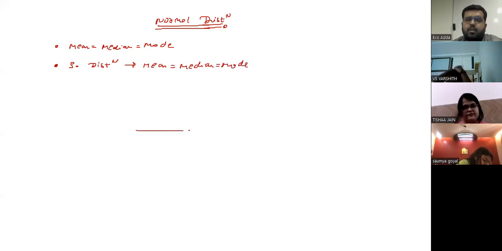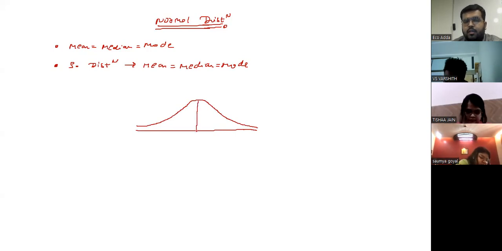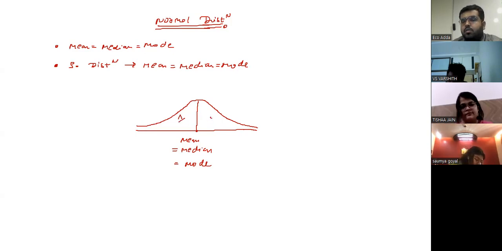Graphical representation of normal distribution is like this. So this is the graphical representation, and here you are getting your mean is equals to median is equals to mode. In this case, we all know that since it is a symmetrical distribution, area 1 is equals to area 2, right? And in the case of probability, we all know that the total area is equals to 1.